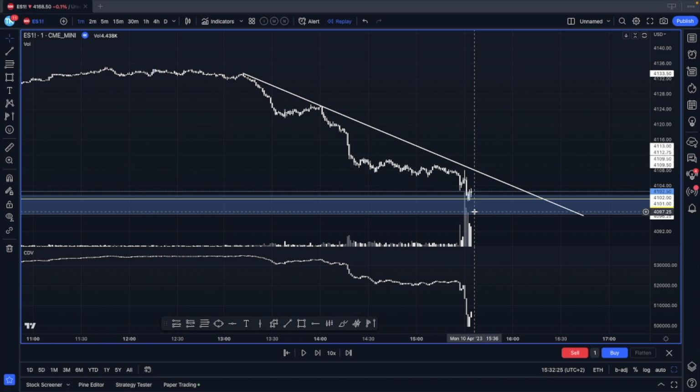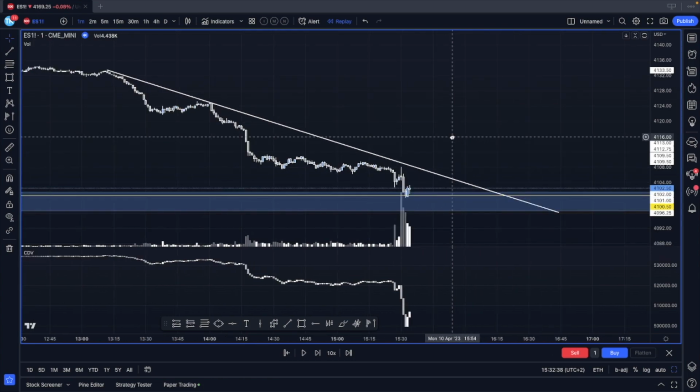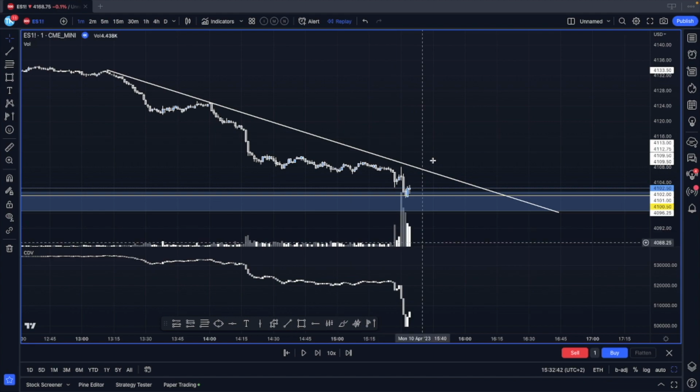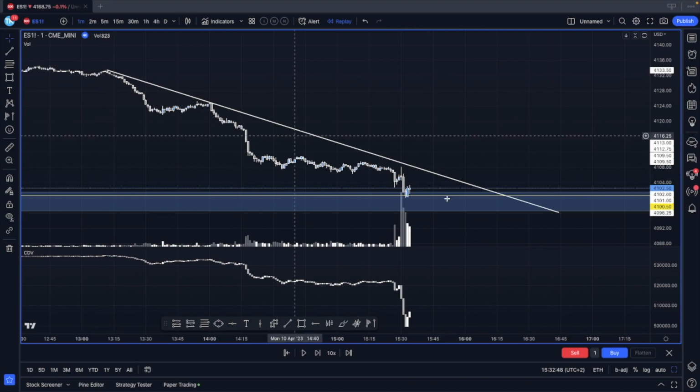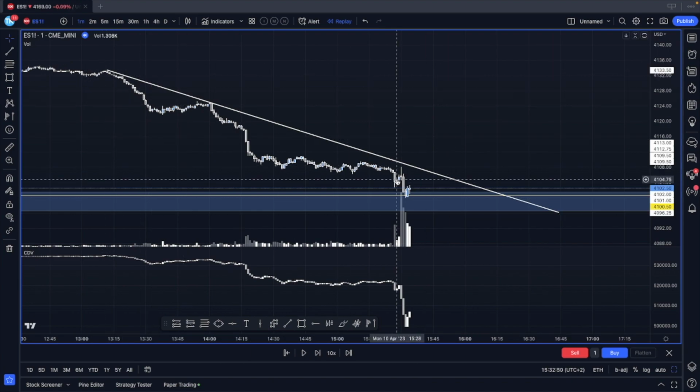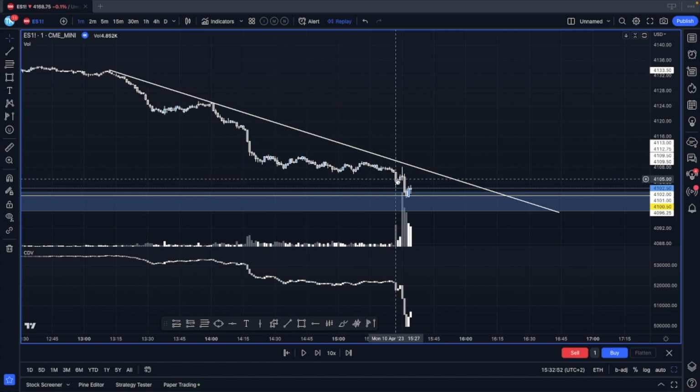Okay, in my opinion, the best way to see it, if you don't have a professional trading platform, is by far looking for a breakout of the recent trend line that created the bearish downtrend, the bearish trend.